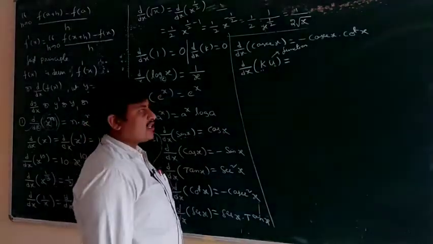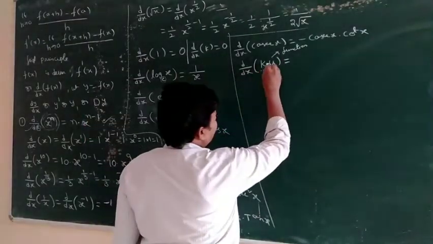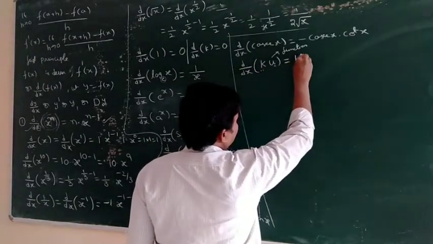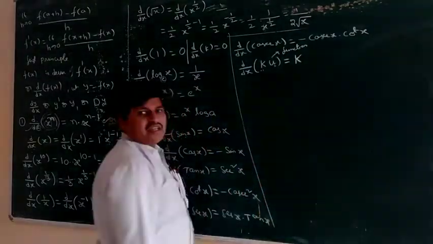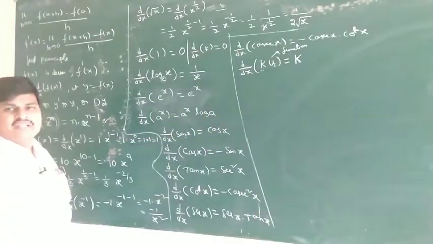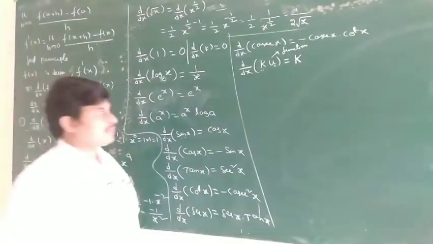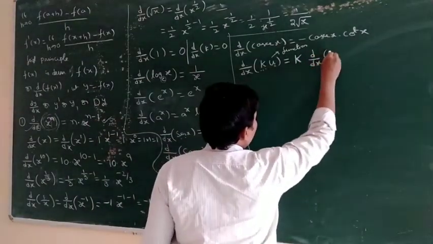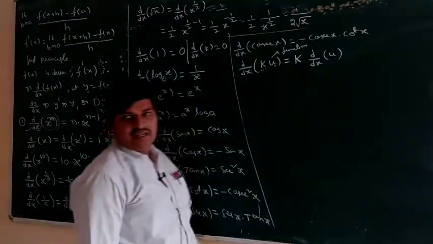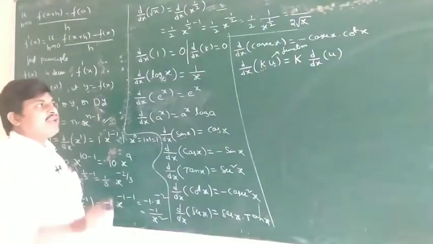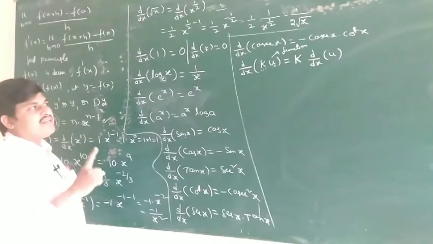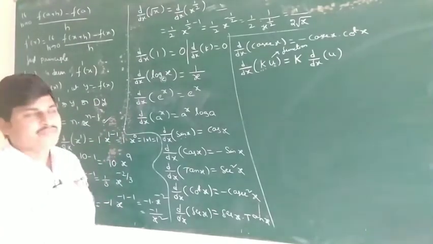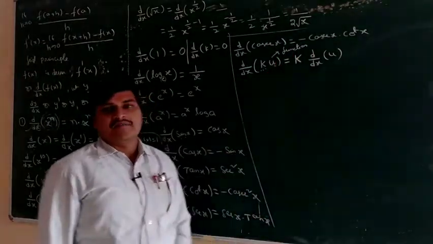So what is the procedure? Derivative of k into u is equal to k into, don't do anything to k, into derivative of u. Are you clear? In the derivative of k into u, k is a constant and u is another function.